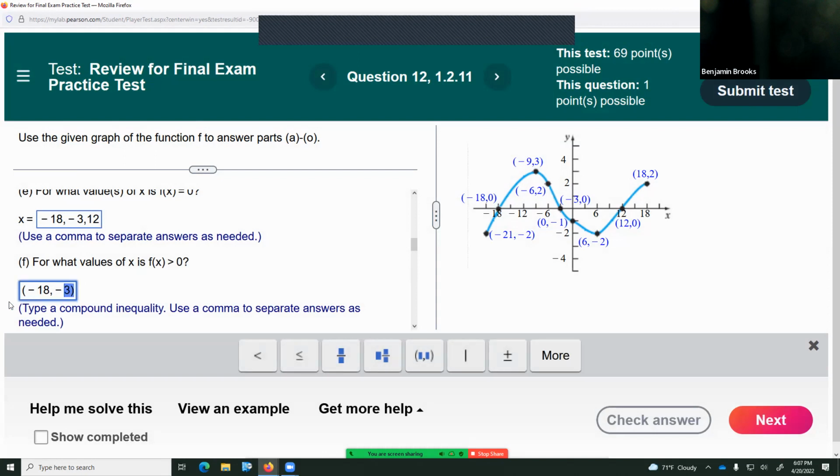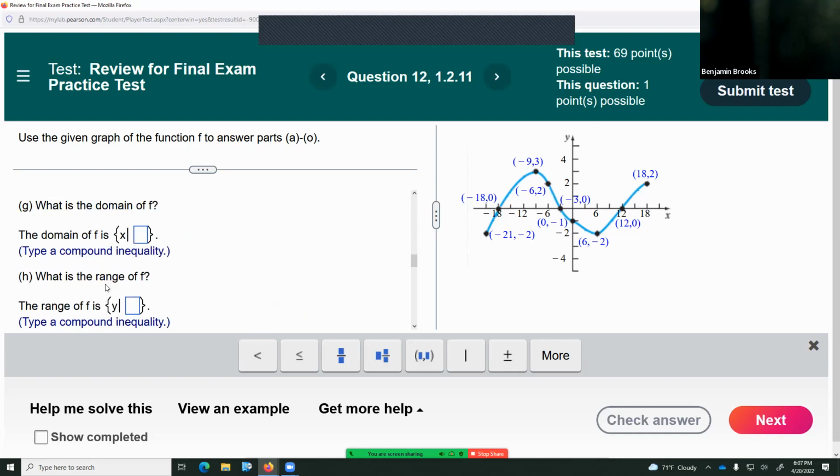They don't want interval notation. Okay, so we've got -18 less than x less than -3. Then we're going to hit a comma, and then we're going to have between 12 and 18 as well. So 12 less than x less than 18, because it's here and here is what I'm talking about.